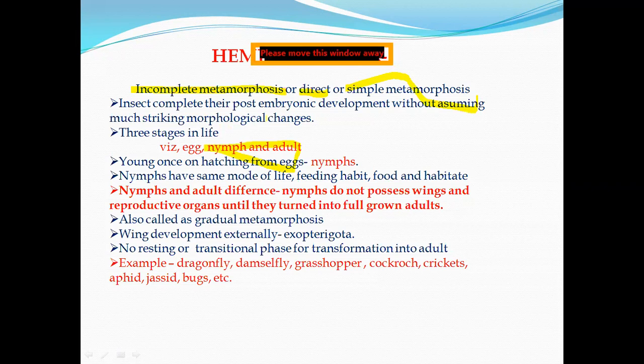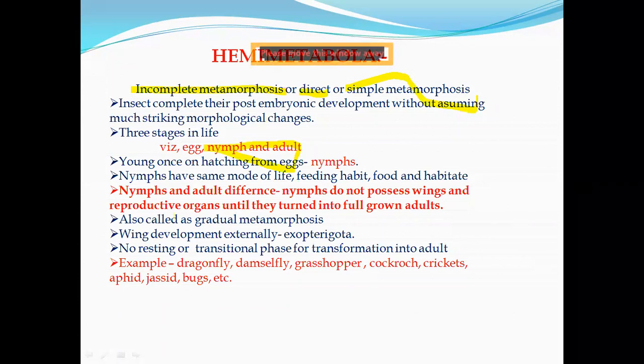And then at maturity, when formed into the adult stage, there is complete development. So there are only three stages in the whole life of this hemimetabolous insect: egg, nymph, and adult. Now let's discuss the similarities and dissimilarities.